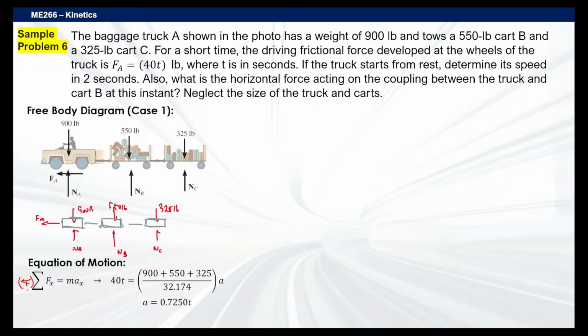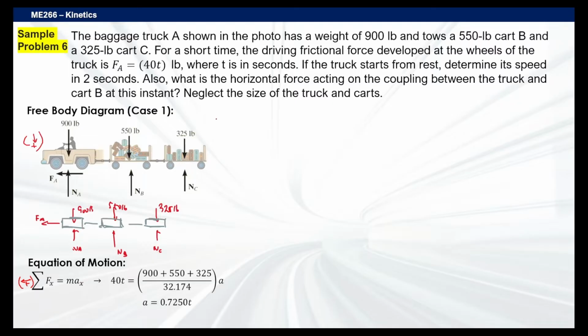If you check your books right now, it has this particular symbol. So in this particular case, the direction of the weight exerted by the cart and the truck would be positive as well, since it's just a matter of perspective.